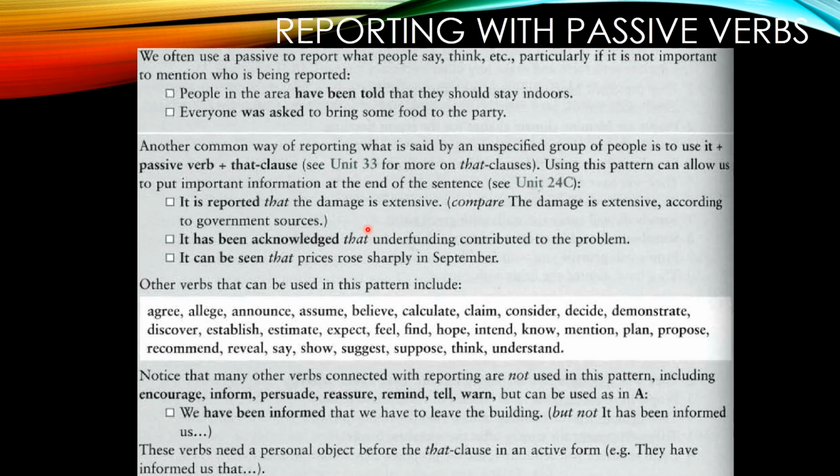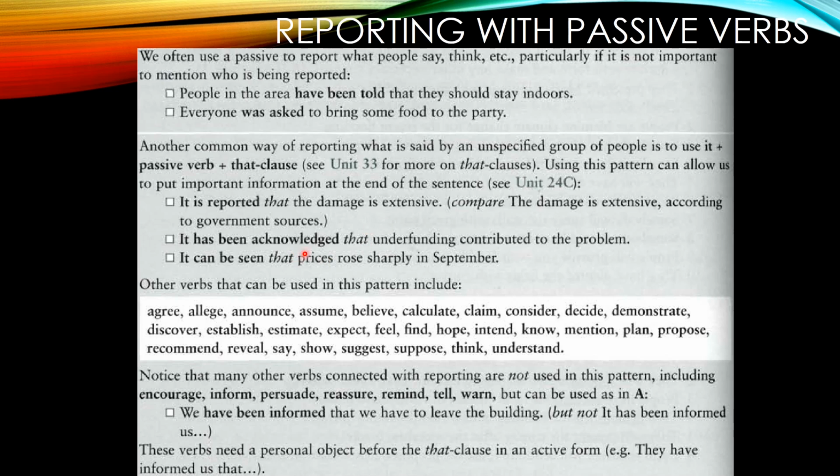Do we really need to know that the government sources informed us about this thing? No, we actually don't need. It's more important that it is reported, so it has already been reported. So we just have to understand the information, and that's all.